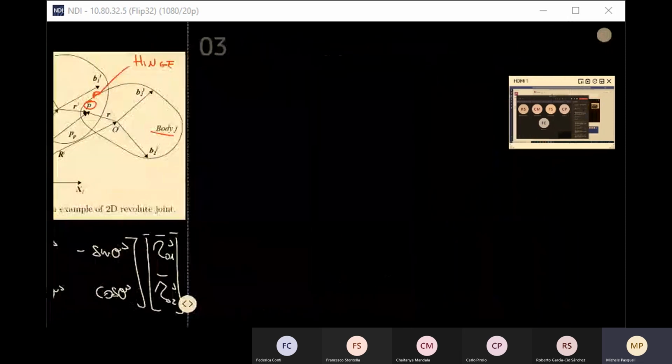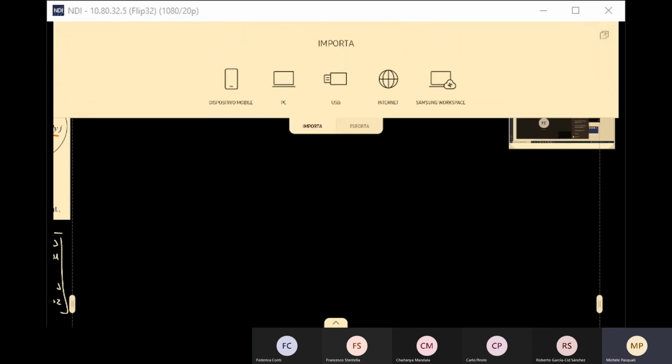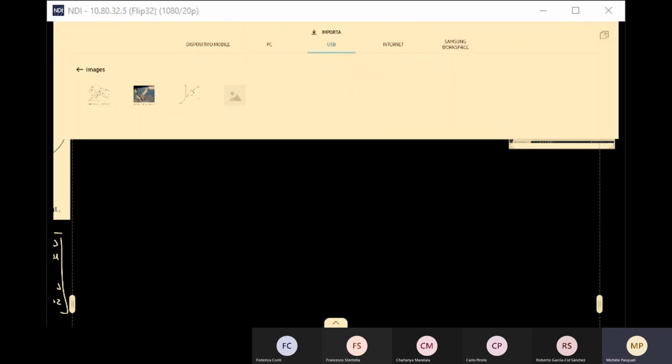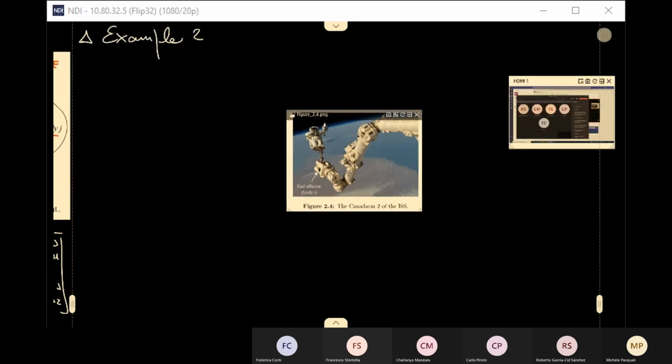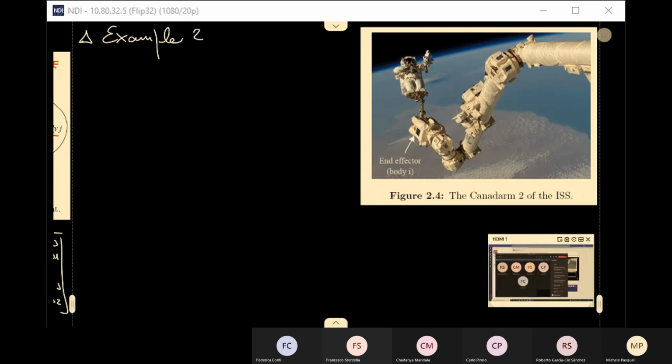We can also have another case. Example 2. And for this, we can look at another picture. It's this one here. So this is the Canadarm2. This is a robotic arm from the International Space Station.